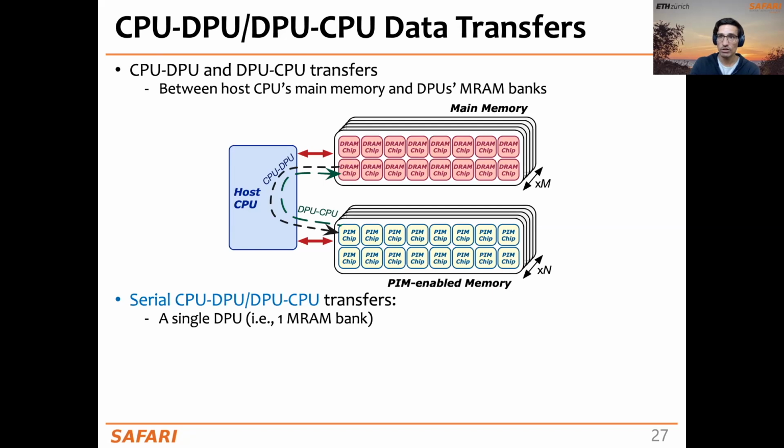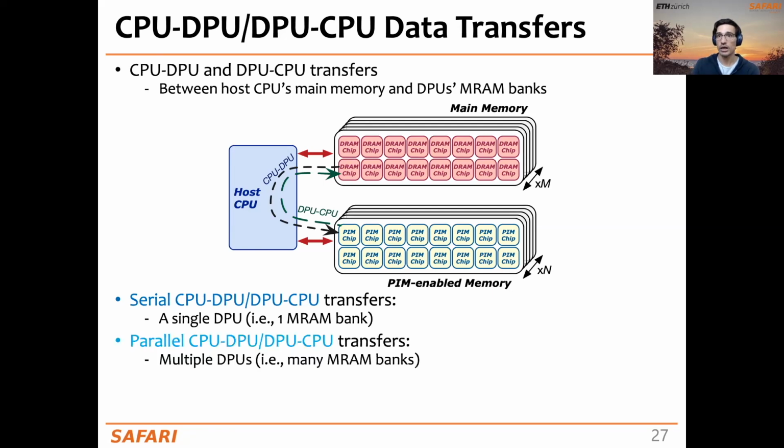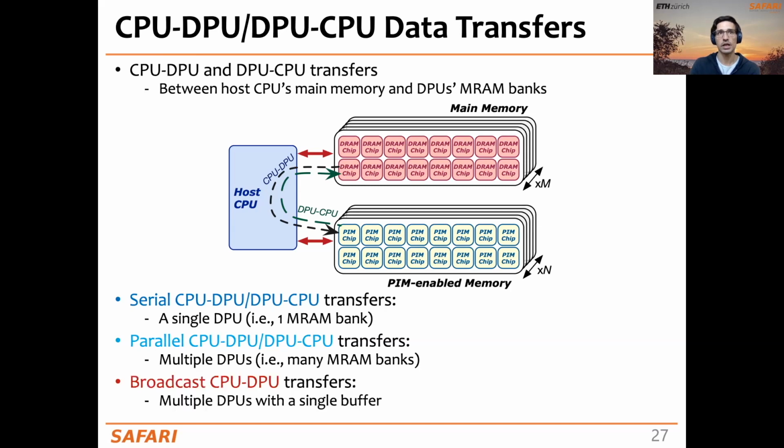As we will see in later lectures, there are different types of these CPU to DPU and DPU to CPU transfers. There are serial transfers when we target a single MRAM bank. There are parallel transfers when we read or write multiple MRAM banks at the same time. And there are also broadcast CPU to DPU transfers when we target multiple banks, but we transfer a single buffer from the main memory to the multiple MRAM banks.